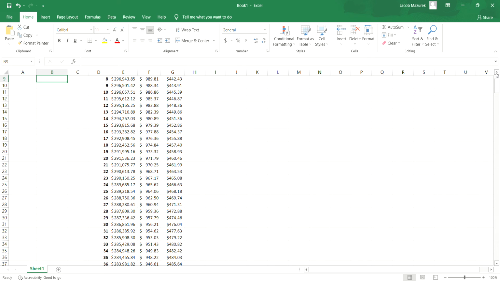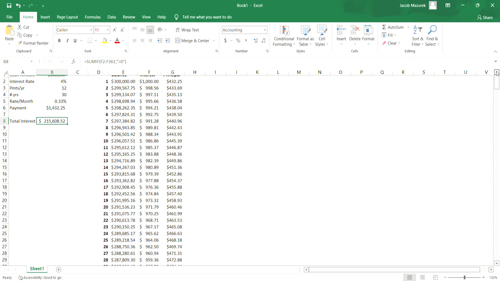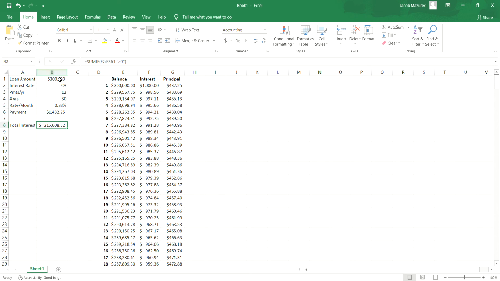Right, so what's the result? Oh, this is kind of ugly, so we'll put this in accounting format. So on your $300,000 loan, you're paying $215,000. That's a lot of interest that you're paying. But what if you could get a lower rate?